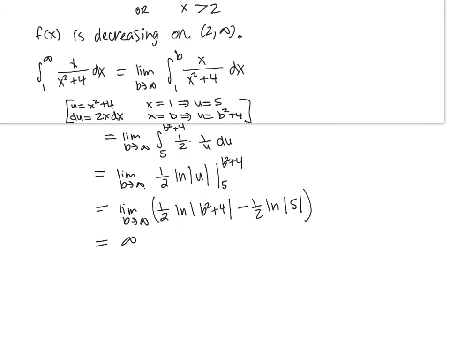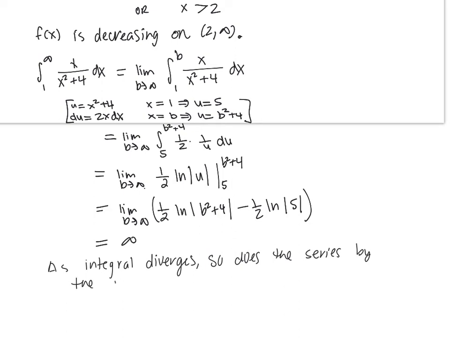So this integral diverges. And let's just say as the integral diverges, so does the series by the integral test. And as you can see, most of the work in these questions is establishing that you can actually do the test and then carrying out the integral itself.